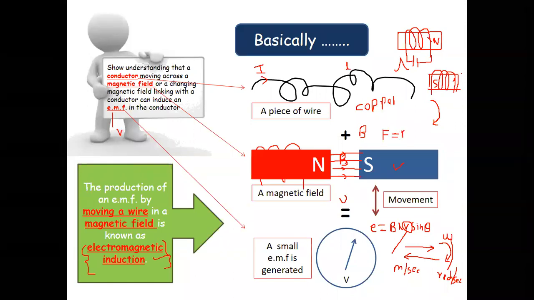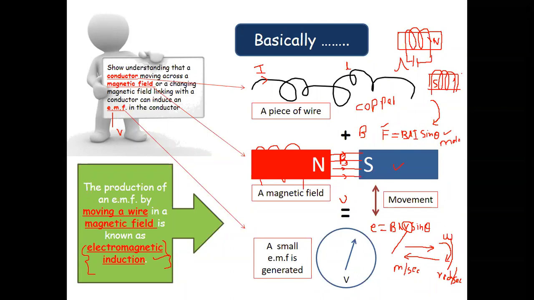That force is given by F = BIL sin theta, which you might have studied. This principle is used in motors, where a current carrying conductor placed under a magnetic field experiences a force.